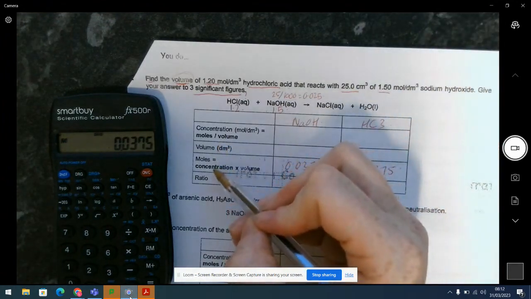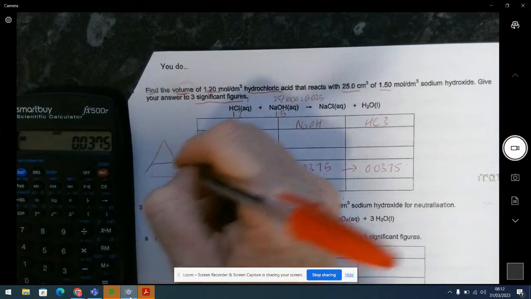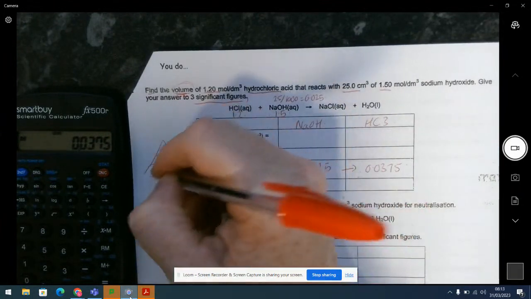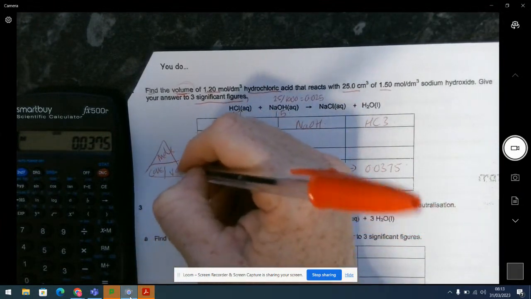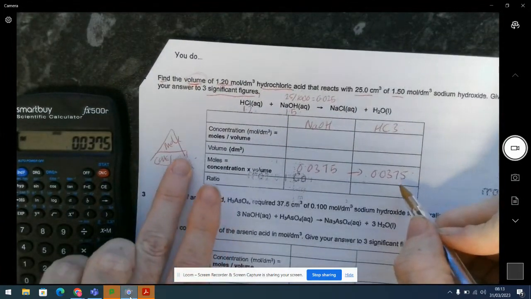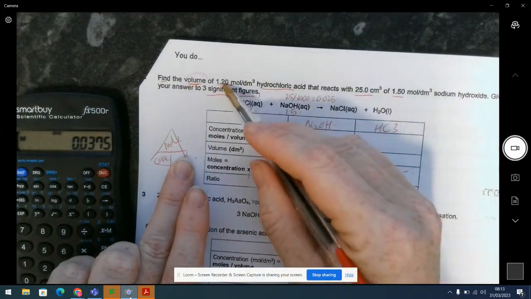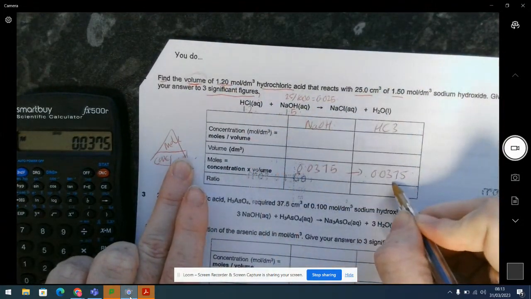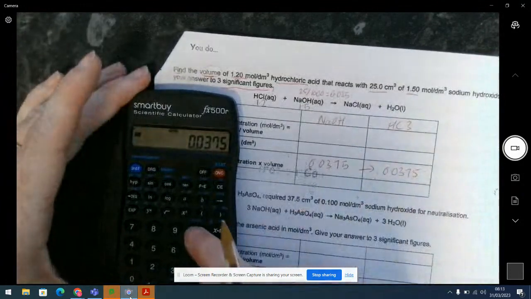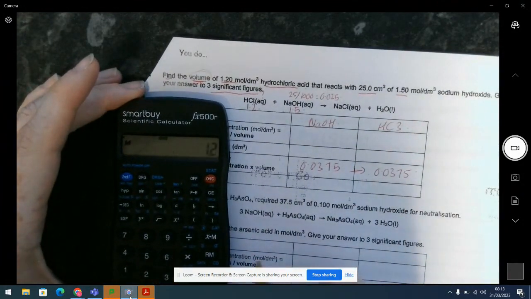I'm then being asked to calculate the volume. So again, I put my triangle in play where I do moles, concentration, and volume. To work out the volume, I would do my mole value divided by the concentration value, which we got within the question. So I do 0.0375 divided by 1.2.